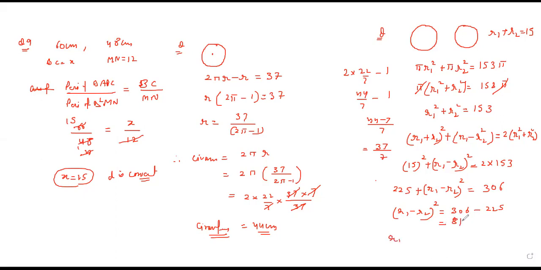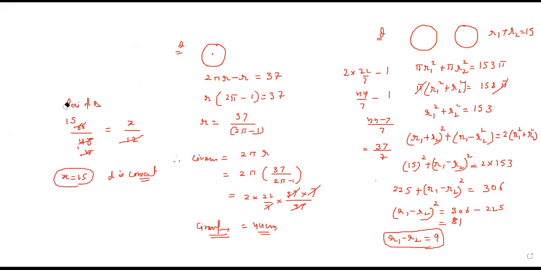From here, r1 minus r2, I am going to take as 9, positive. Clear? Now the value of r1 plus r2 is given and r1 minus r2 is given. Solve these two equations, get the values of r1 and r2, and get the ratio. I hope this is clear.